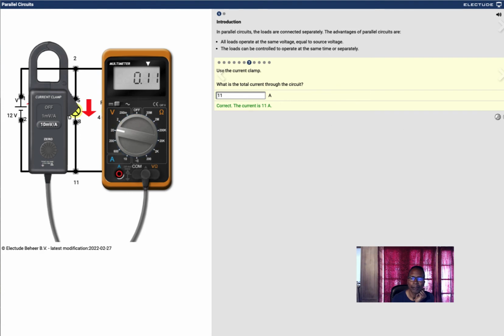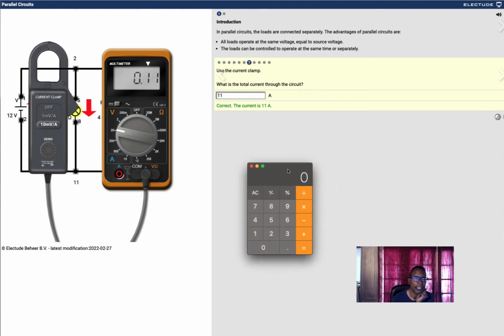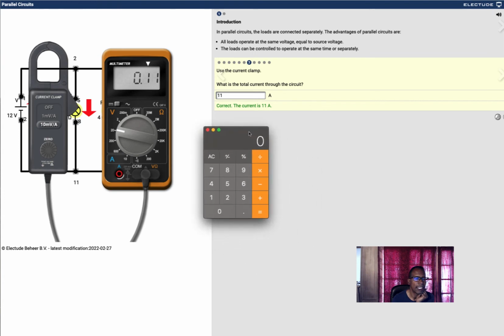So in this case, we had to bring a calculator in, and I would make this 0.010 volts. I would divide this 0.11 by 0.010, which gives me 11 amps.